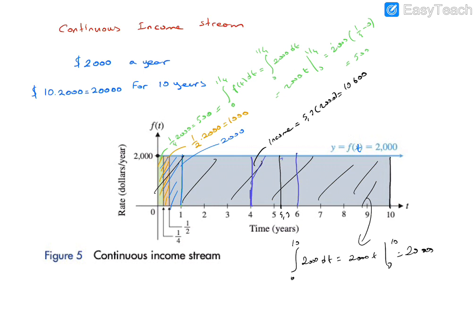Again, for example, between the 4th year and the 6th year, the total income is the integral from 4 to 6 of f of t dt. This is the total income in the 2 year period, from 4 to 6.